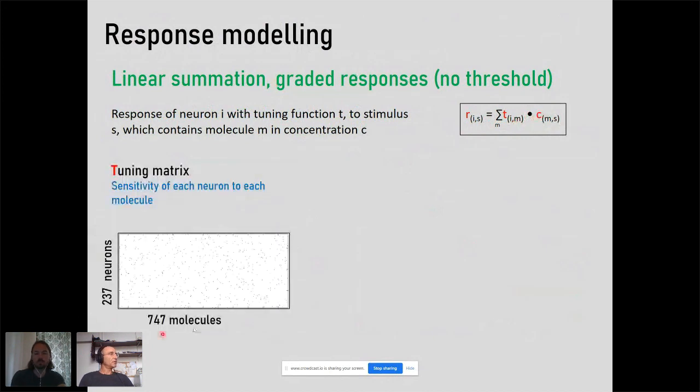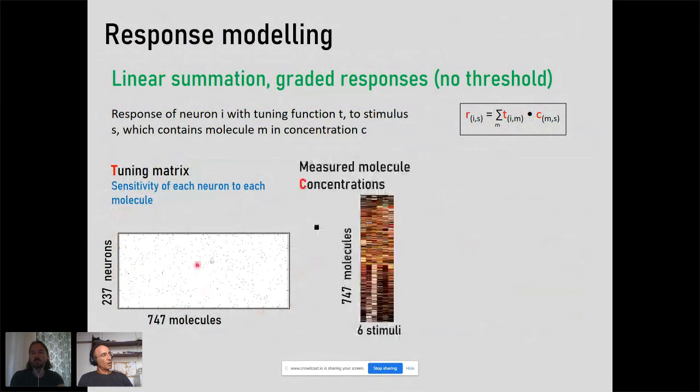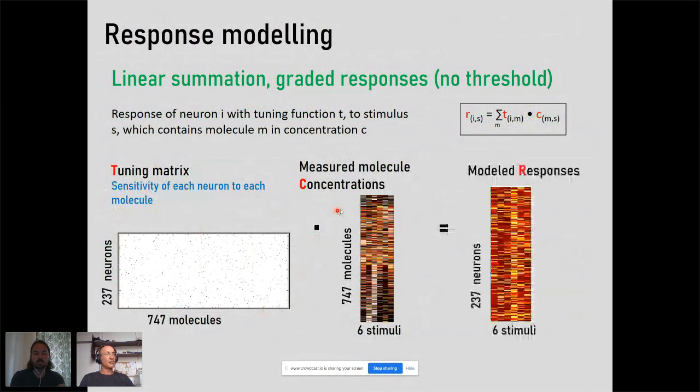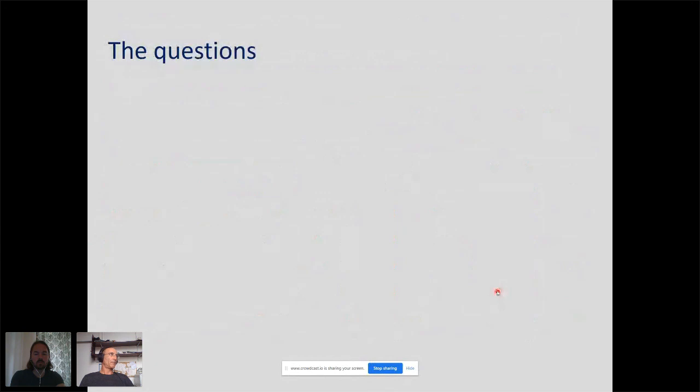So we have 6 different stimuli, and we can show this graphically: we have a tuning matrix of the neurons for each of the molecules, where the dots correspond to the higher weights. And then we have the measured molecule concentrations, and if we multiply these matrices, we get the simulated or modeled responses of the neurons to the stimuli.